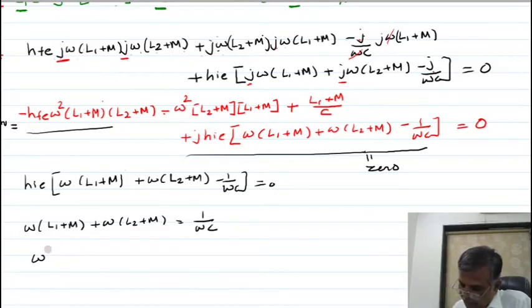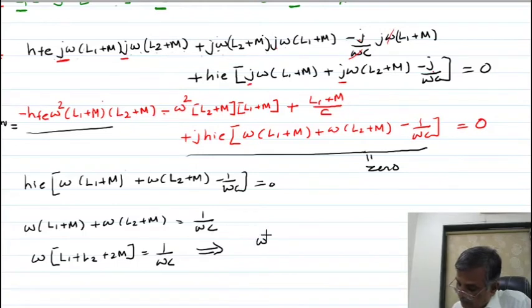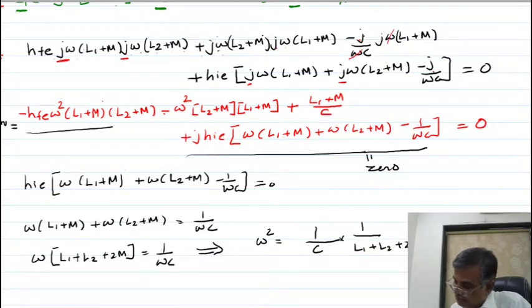Taking omega common, I can write L1 plus L2 plus 2M is equal to 1 upon omega C. From this I can write omega square is equal to 1 upon C into 1 upon (L1 plus L2 plus 2M), where M is the mutual inductance between the two coils.